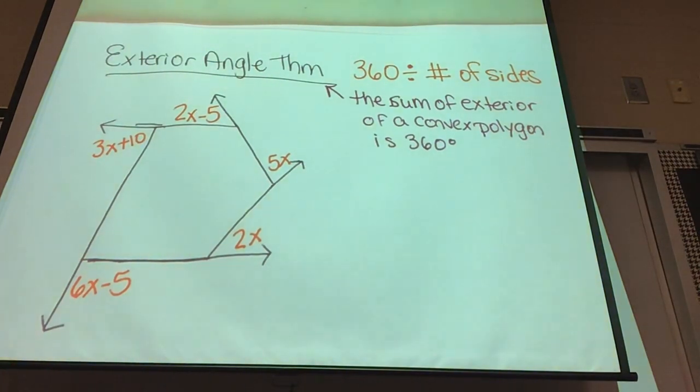So what they're telling me is that I already know it's going to equal 360, as long as it is a convex polygon.